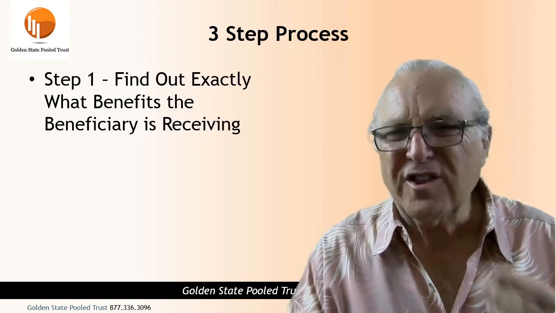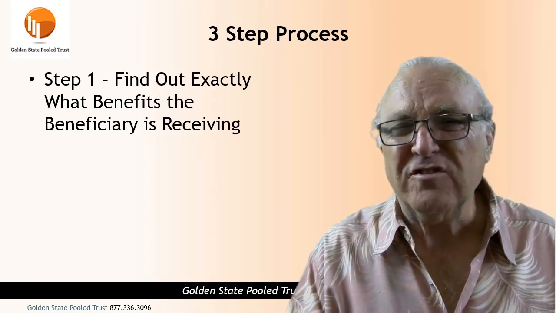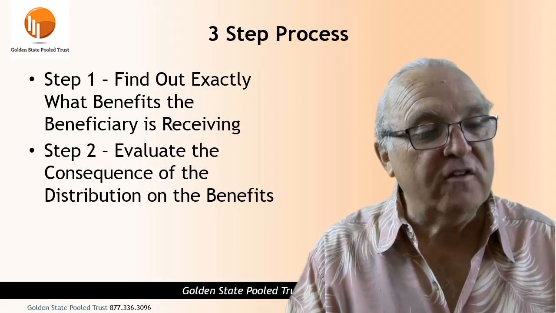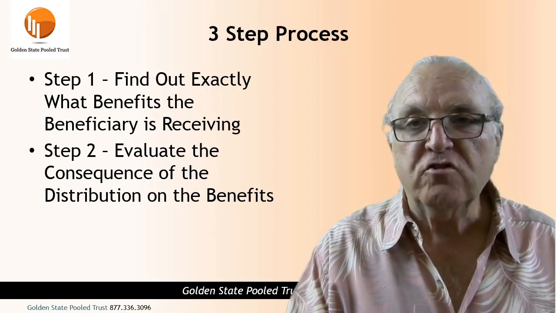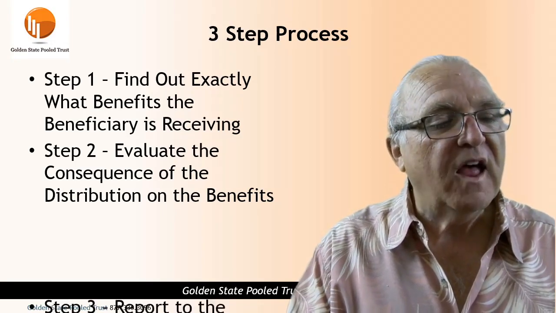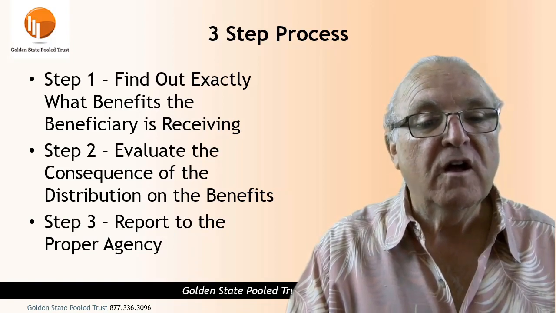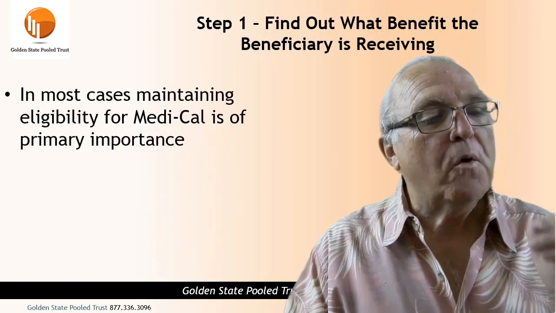And so we follow the Russian proverb: trust but verify. The second part is to evaluate the consequences of the distribution on the benefits. And the last part is to report to the proper agency. So let's walk through this.